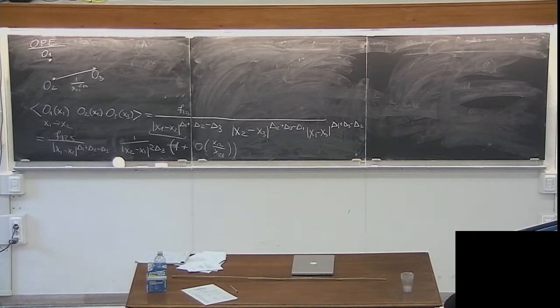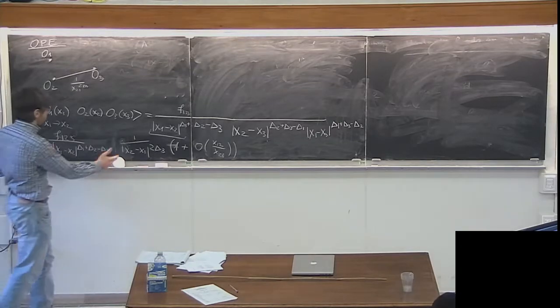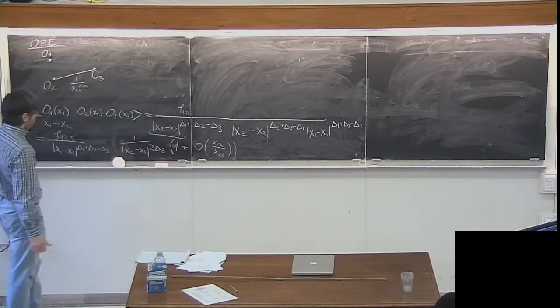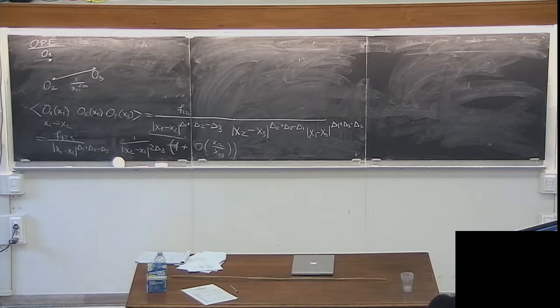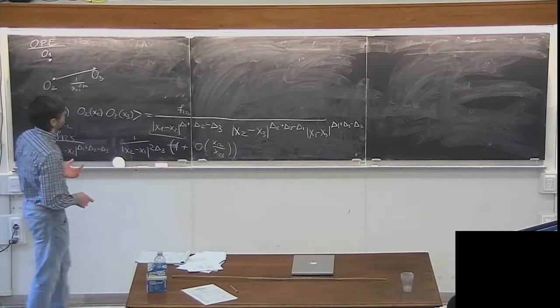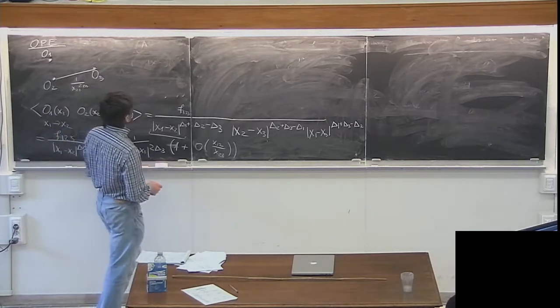Now let's look at this leading term, and this leading term has a very clear interpretation. I can reproduce this leading term by saying that there is the following expansion for the operator product.